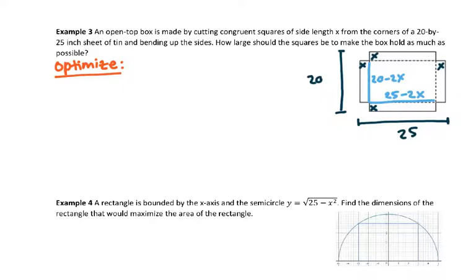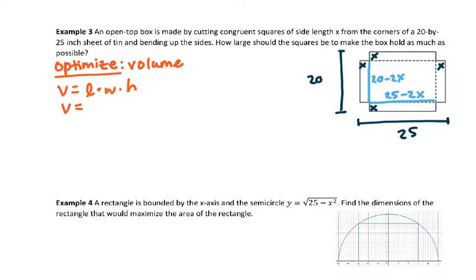So here we're trying to optimize. It wants to hold as much as possible, so that's a sneaky way of saying to optimize volume. And there's no second equation here, so to speak. It's more that volume is length times width times height, and we're just going to get them all in terms of x, which is not actually that difficult for us.